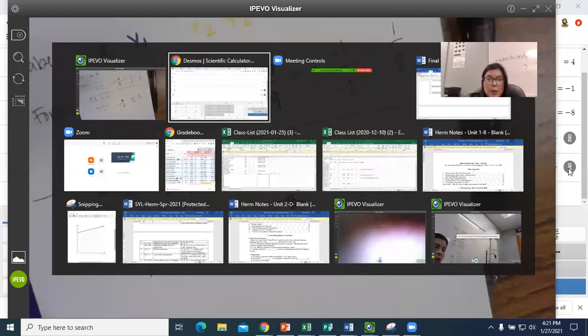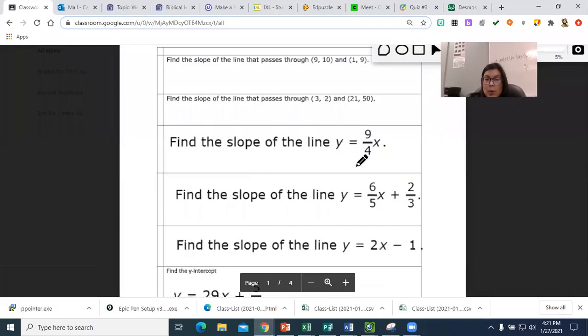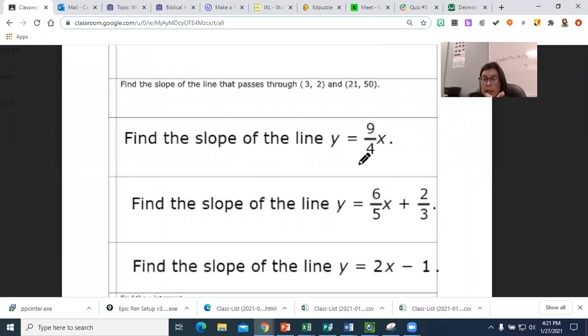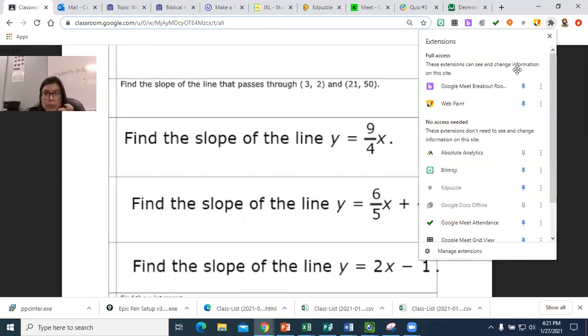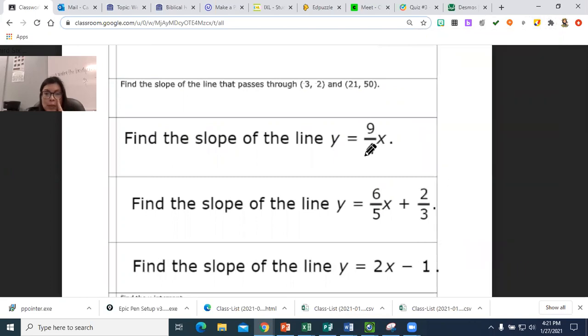The second type of problem that you're going to have on your test is finding the slope of an equation. So what you're going to have to do is you squiggly the one that has the x, and then you underline the one that does not have x. So for this problem, okay, this one has an x, so I'm going to squiggly it.